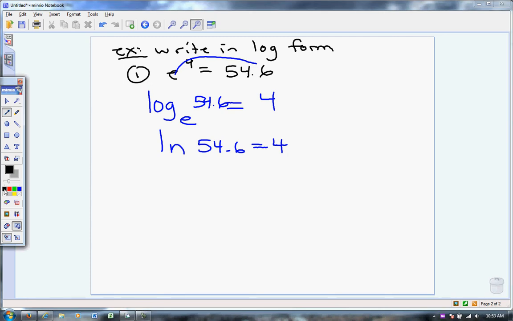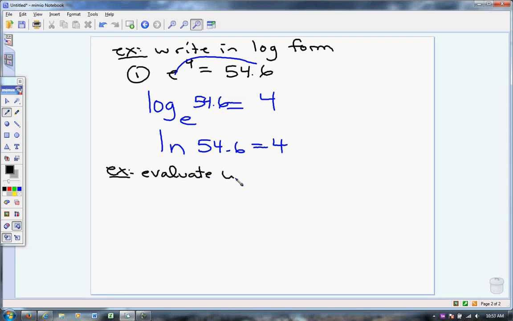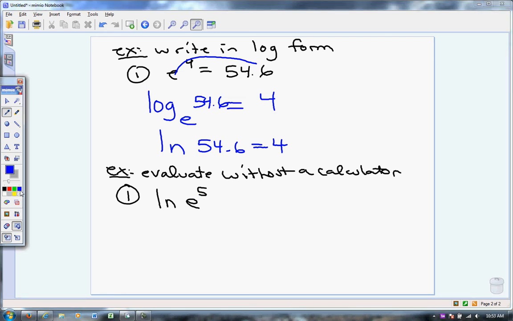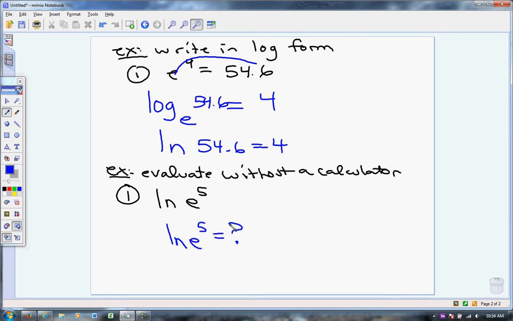Then they'll ask you to evaluate without a calculator. And all we're going to do is use the properties once again. Evaluate without a calculator. Let's say they give you the natural log of e to the fifth. And they say, okay, find out what that is without a calculator. Well, once again, we're going to use the switcheroo.